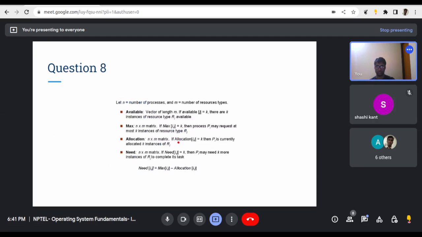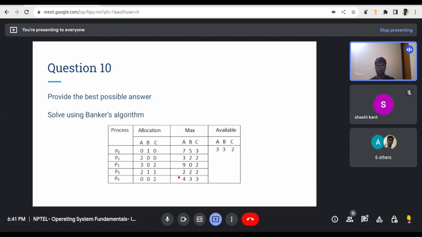So let's go to the question. First, calculate the need matrix. I'll give you some time. You do not need to answer in the chat box now, because it will be a long matrix. If you have completed the calculation of the need matrix, just say yes or something in the chat box, and we'll go to the next slide. First step, you have to calculate the need matrix. Please do so.